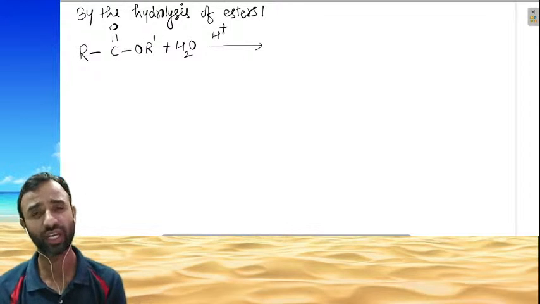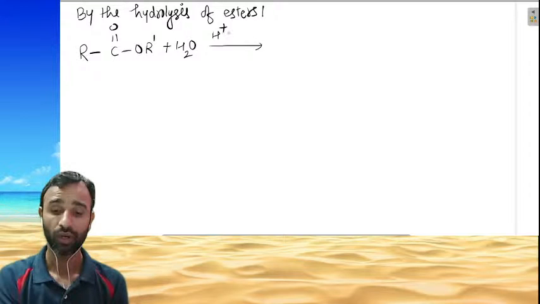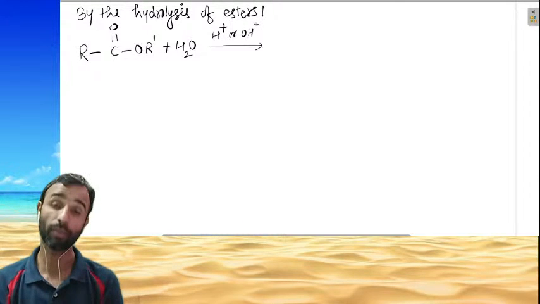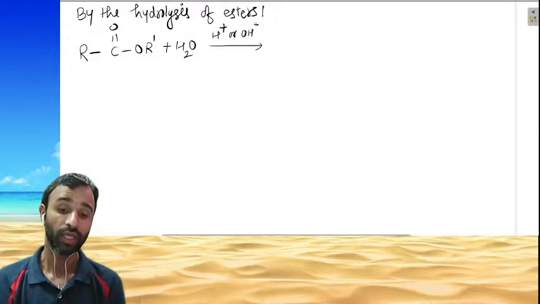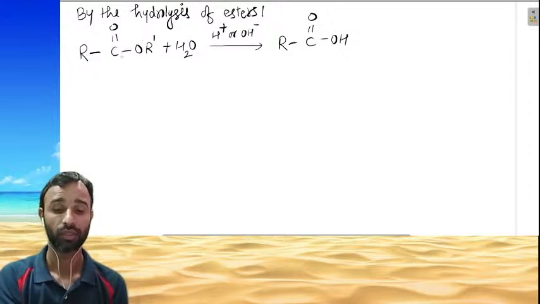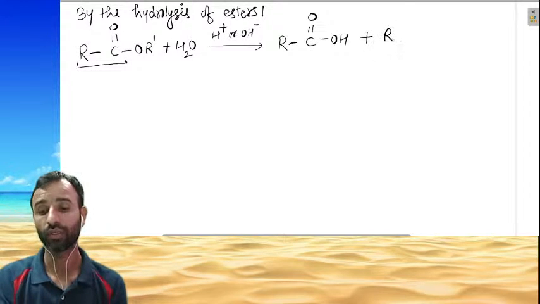Acid like HCl or H2SO4, mineral acids, or base like sodium hydroxide, potassium hydroxide. In both cases we will get carboxylic acid along with alcohol.